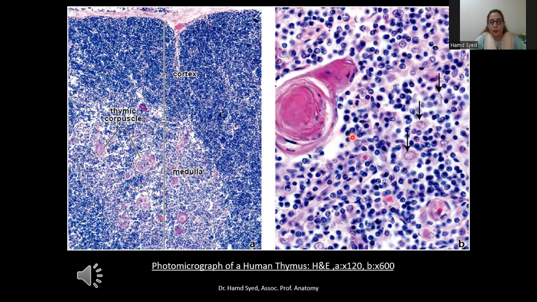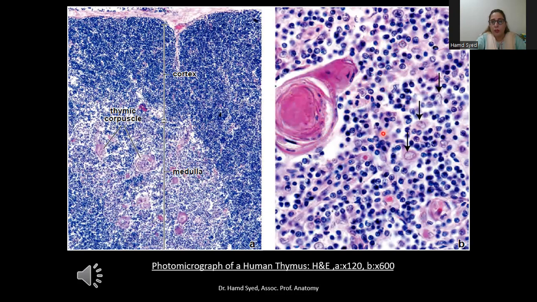Now, on the right side, at a higher magnification, let's focus on this prominent structure over here, which is the Hassel's corpuscle. As we can see, it consists of masses of closely packed, concentrically arranged type 6 epithelial reticular cells with flattened nuclei. And in the innermost part of this Hassel's corpuscle, there are fully keratinized cells.